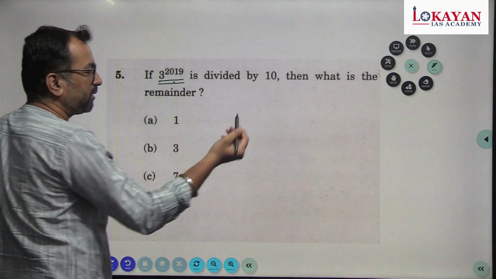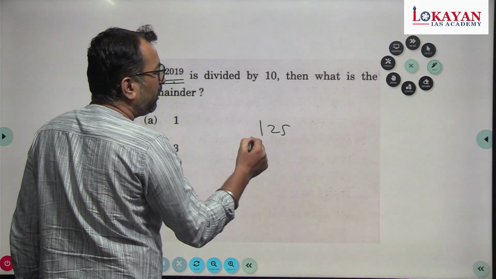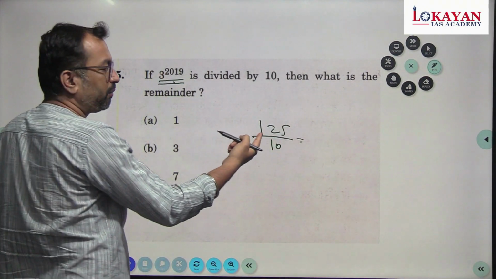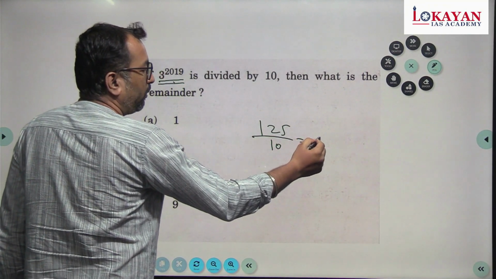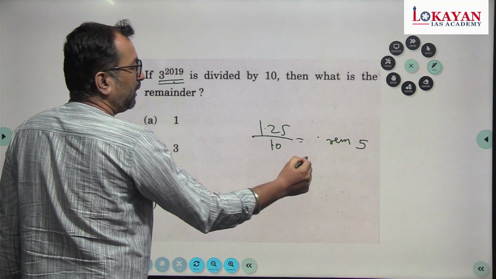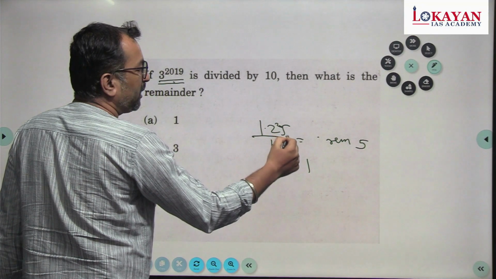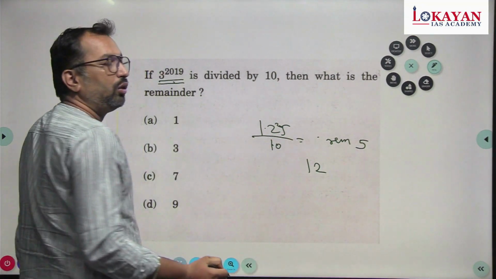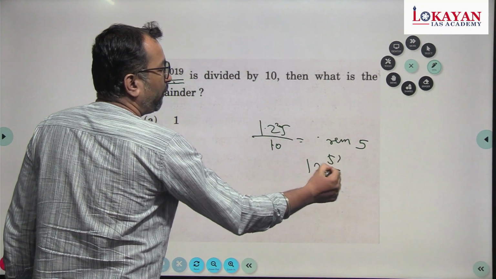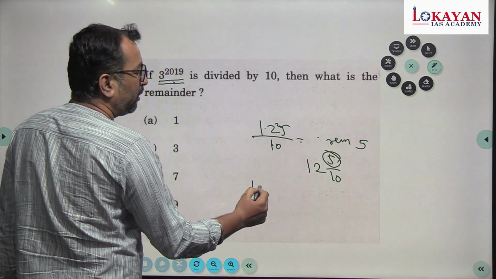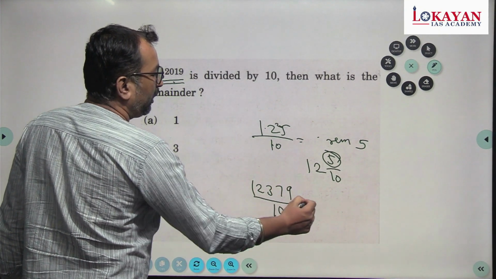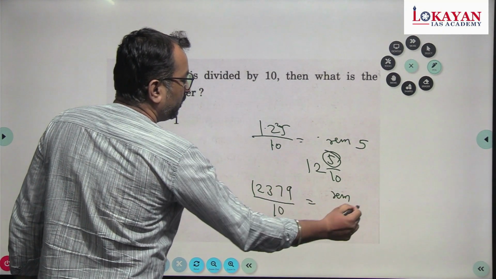Now take any number, say 125. When I divide it by 10, what will be the remainder here? Remainder will be 5, because 10 ones are 10, 2 remaining, 20, it becomes 25, 10 twos are 20, remainder is 5. When I divide 12379 by 10, I get remainder 9.